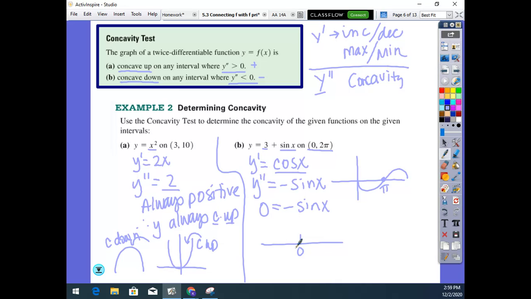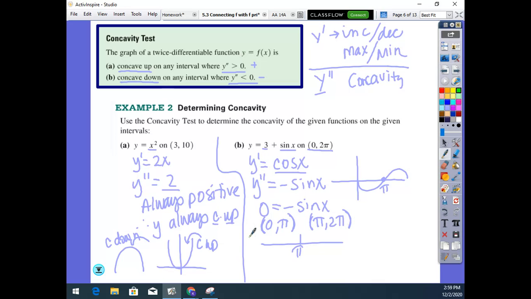So pi is where there's 0, where the second derivative equals 0. So let's consider our intervals between 0 to 2 pi. So we're going to look first at 0 to pi, then pi to 2 pi. Your second derivative never includes your values. Always use parentheses.